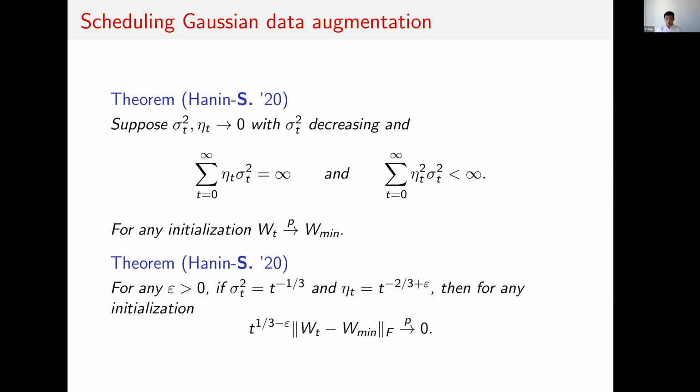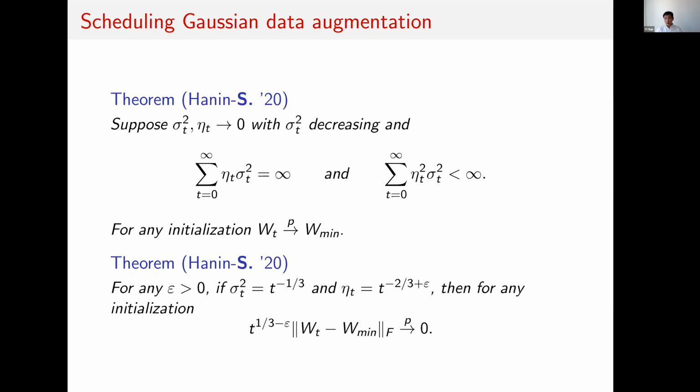So just to comment a little bit on the two conditions. The first condition, that the product of the learning rate and augmentation strength should have divergent sum, is required to ensure that the optimization trajectory moves enough in the orthogonal component to kill it.